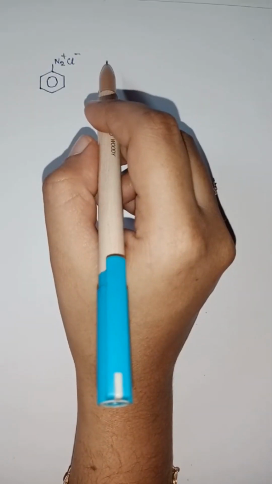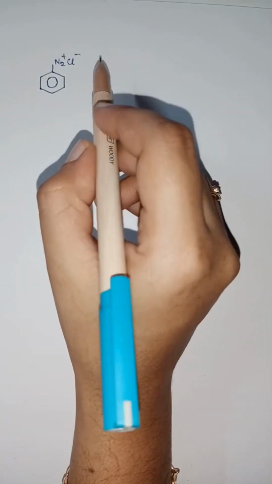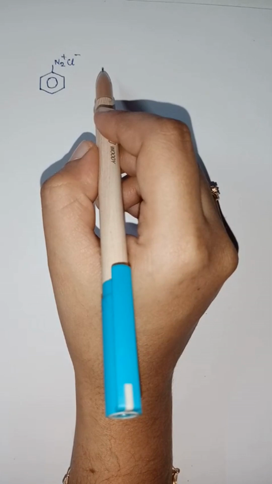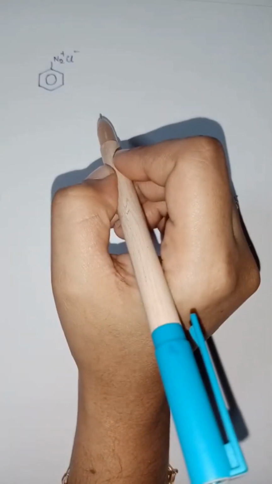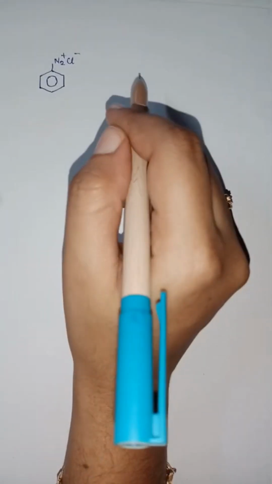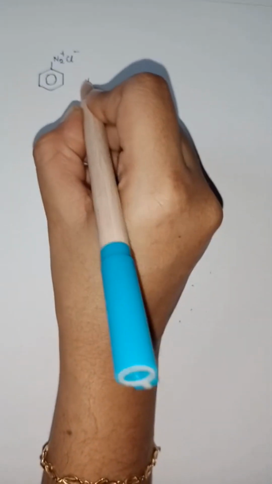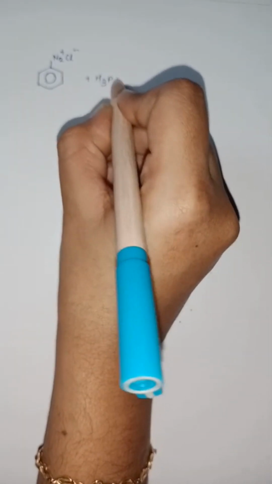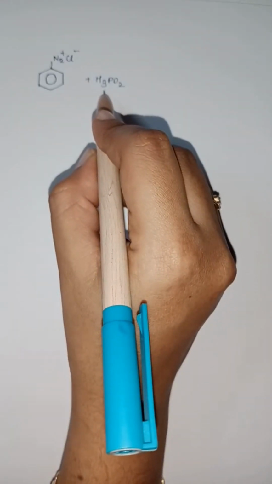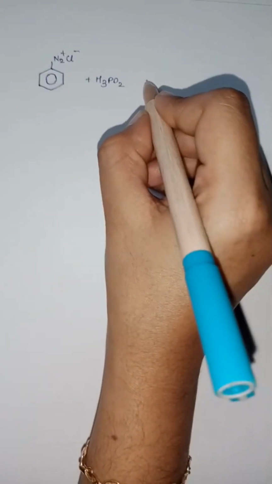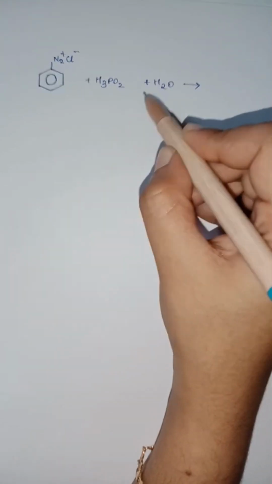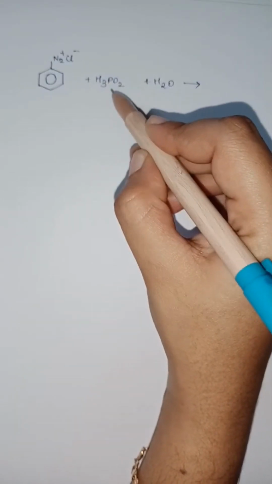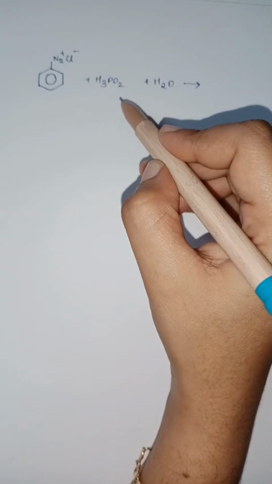Okay, in the reactions involving displacement of nitrogen, next we are going to discuss replacement by hydrogen. So a few reducing agents we can use, for example, hypophosphorus acid, that is H3PO2, also called phosphinic acid. When it is treated with benzene diazonium salt, it will act as a reducing agent and it will oxidize itself to phosphorus acid.